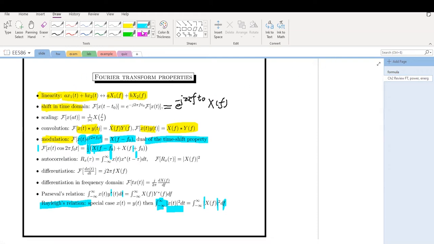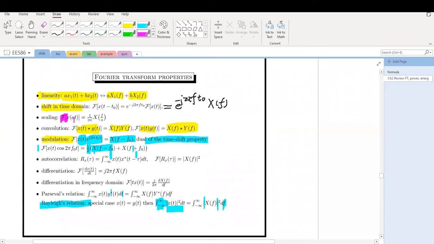The scaling property: if we perform scaling in time, x(at), in the frequency domain we get scaling of 1 over a, and the magnitude is divided by the absolute value of a.